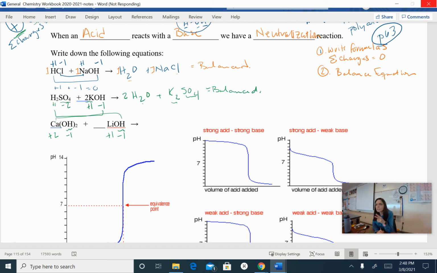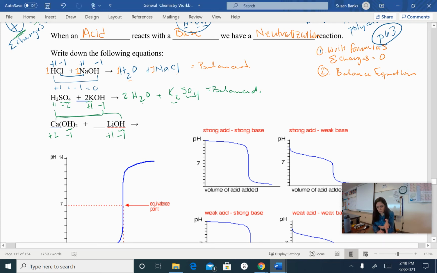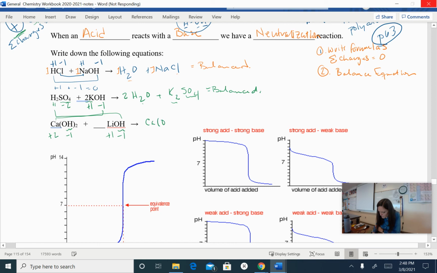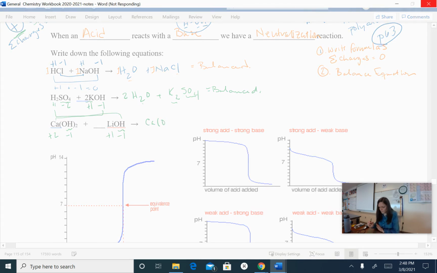So +2 plus -1 gives me +1 still. So I need one more negative. So if I do 2 hydroxides, 2 times -1 gives me -2. +2 plus -2 gives me 0. So I'm going to need 2 hydroxides. So calcium hydroxide.